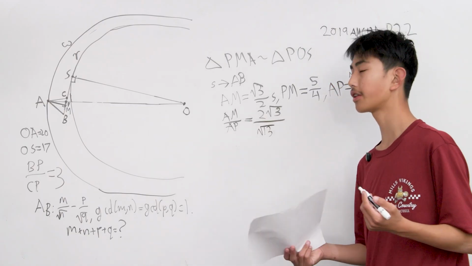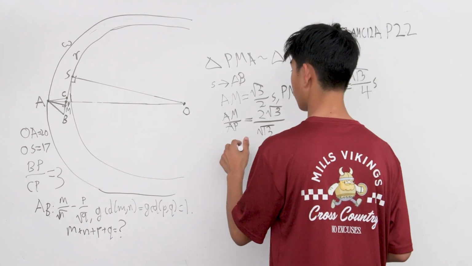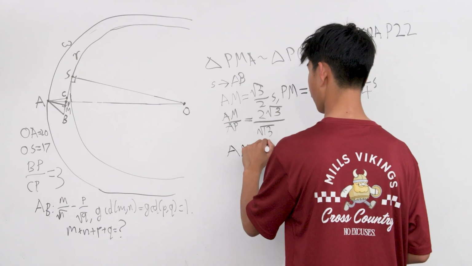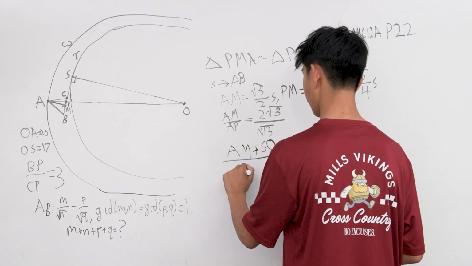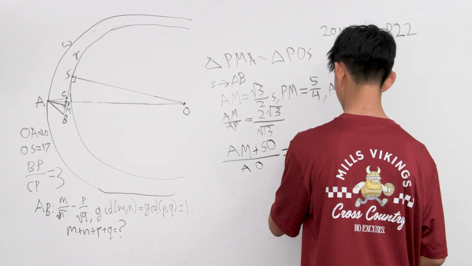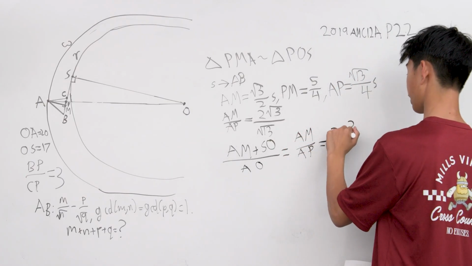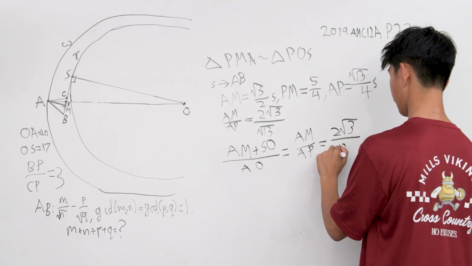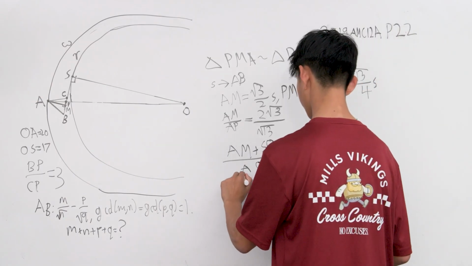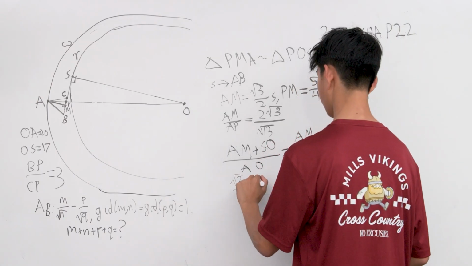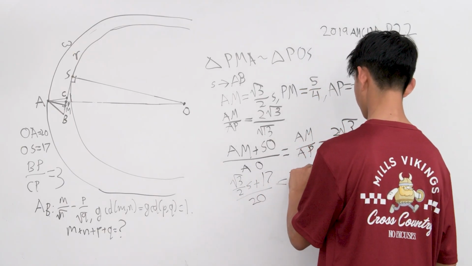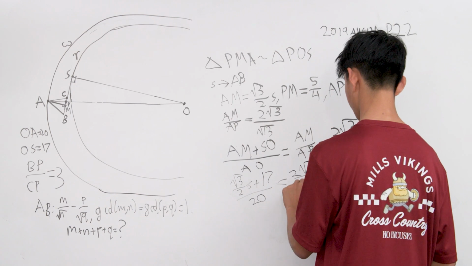We know, or we can find in this case that AM plus SO all over AO is equal to AM over AP, which we know is 2 root 3 over root 13. We can plug these values in. AM is root 3 over 2 S plus 17 over 20 is equal to 2 root 3 over root 13.